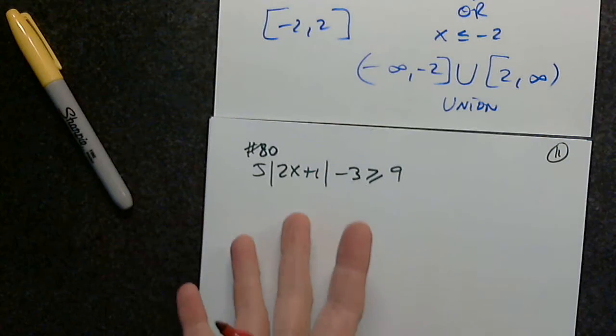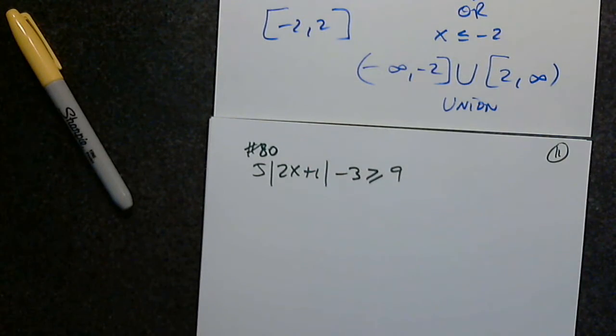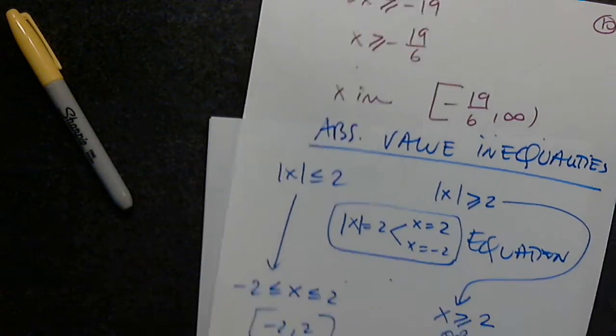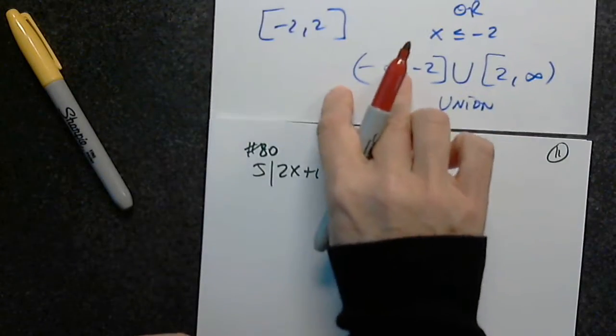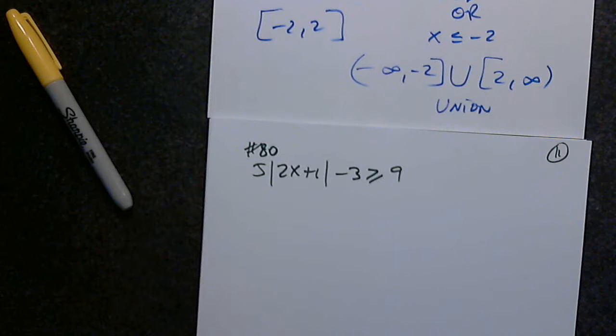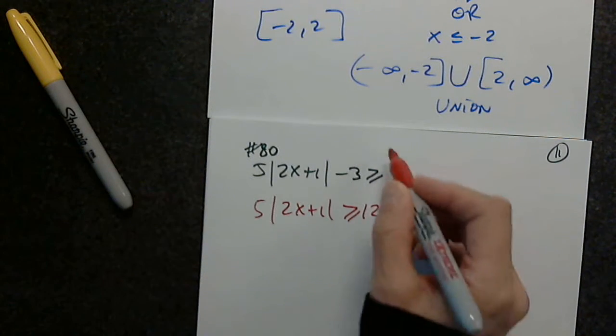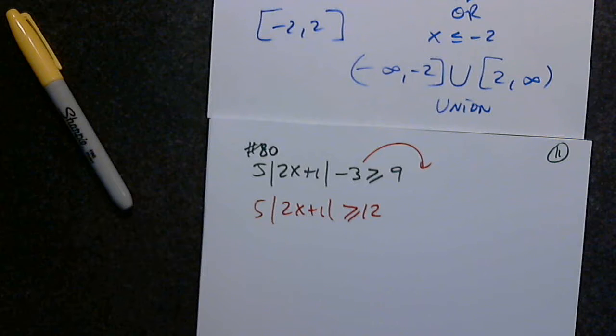Okay, so I have 2 options here. It's either this or this, but I don't know which one. It's not cleaned up. It's not fully simplified. What do I do first? Yes, so I have 5 times the absolute value of 2x plus 1 greater than or equal to 12. That was the first step.